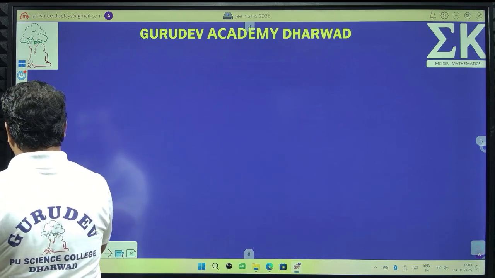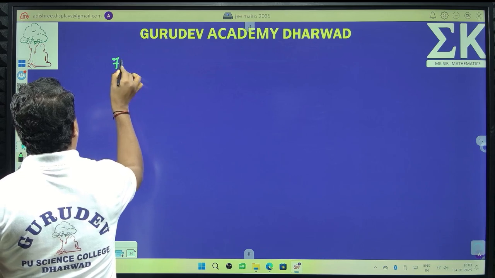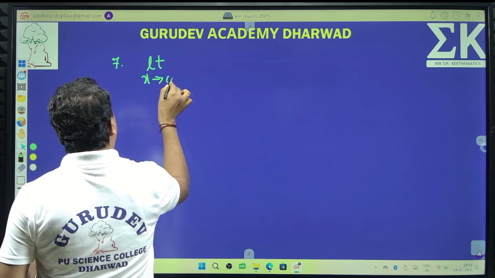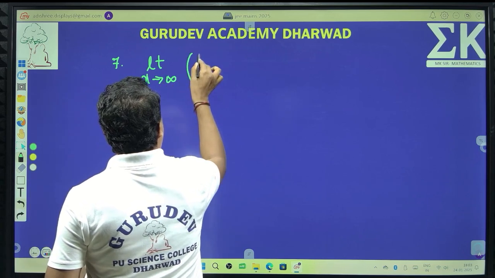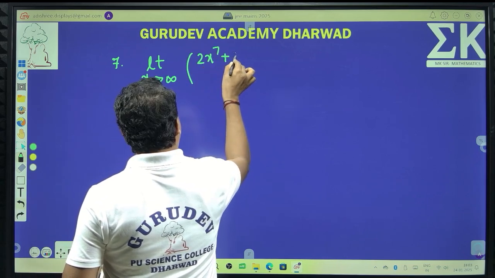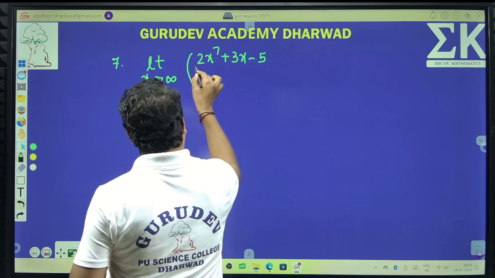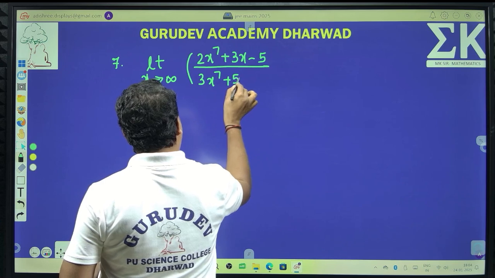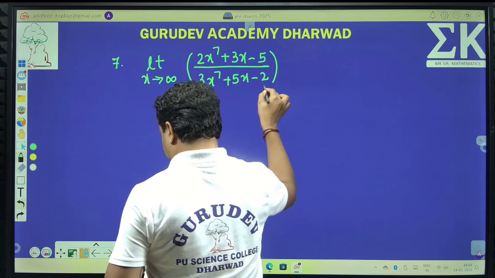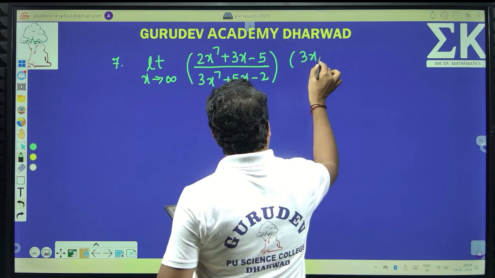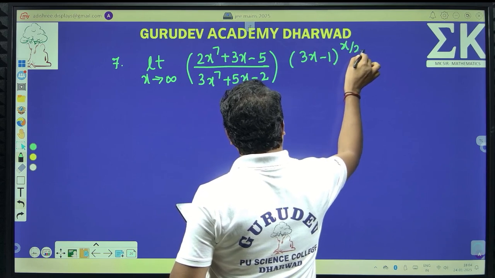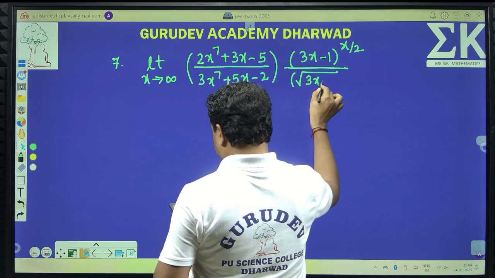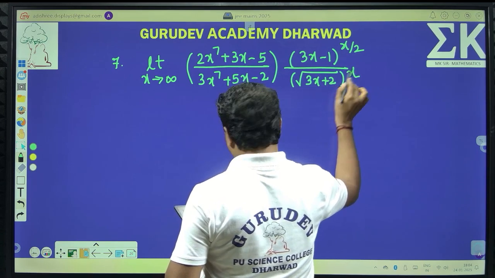Evaluate the limit as x tends to infinity of (2x to the power 7 plus 3x minus 5 divided by 3x to the power 7 plus 5x minus 2), times ((3x minus 1) to the power x by 2, divided by (root of 3x plus 2) to the power x).